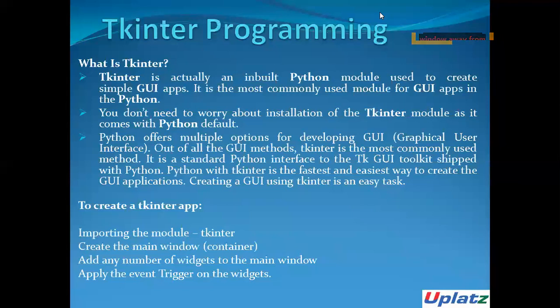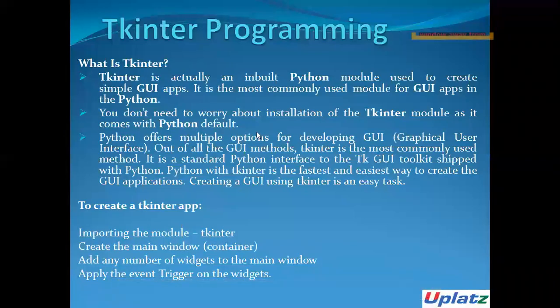The widgets will come later. Once we go to the next slide, I will show what are the available widgets in tkinter. You can add any number of widgets to the main window. Apply the event trigger on the widgets. So once you execute it, you will run your first basic tkinter GUI program.